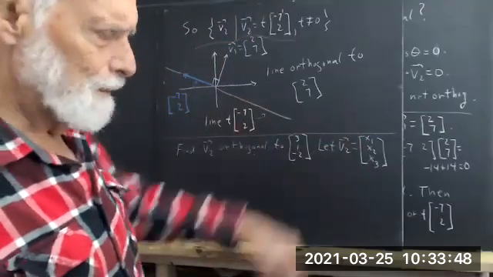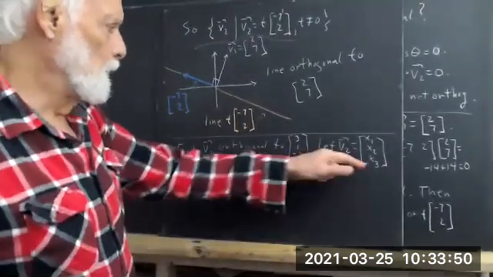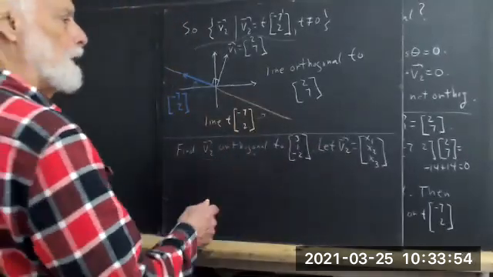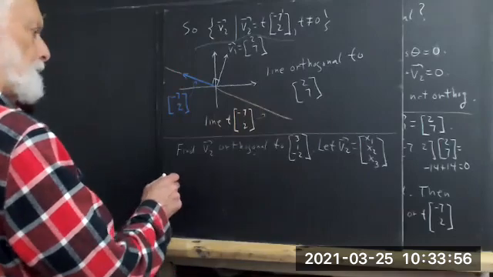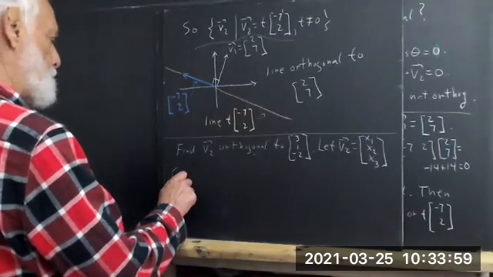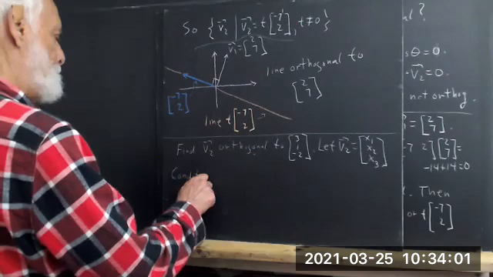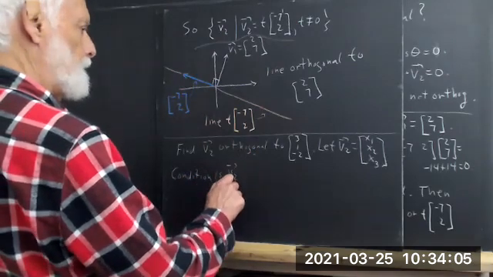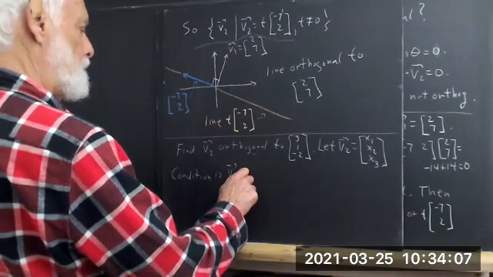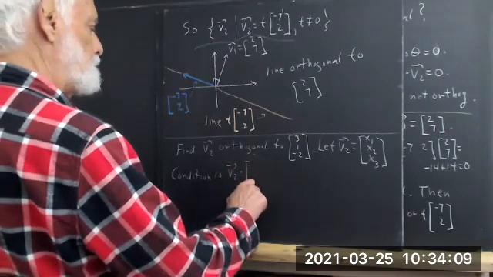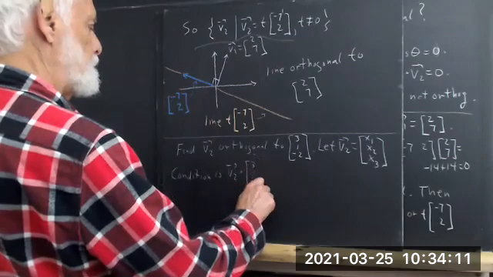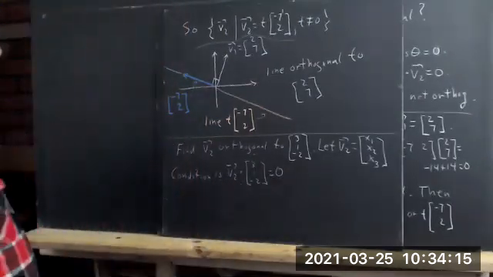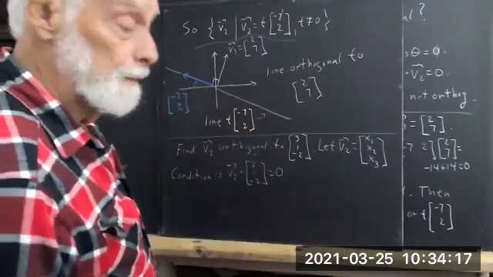And I've talked a fair amount about how that works and why you want to do that, so I'm not going to get into it now. But okay, so your condition is V2 dot this vector has to be 0.